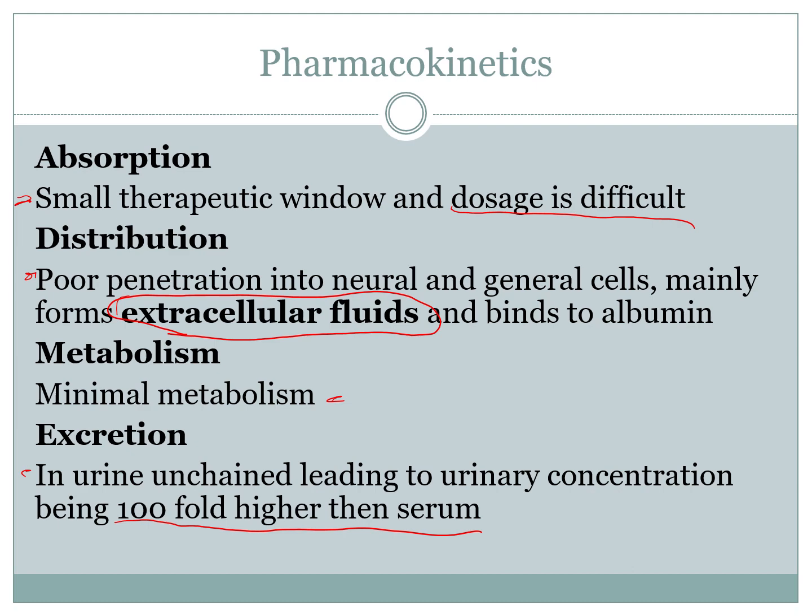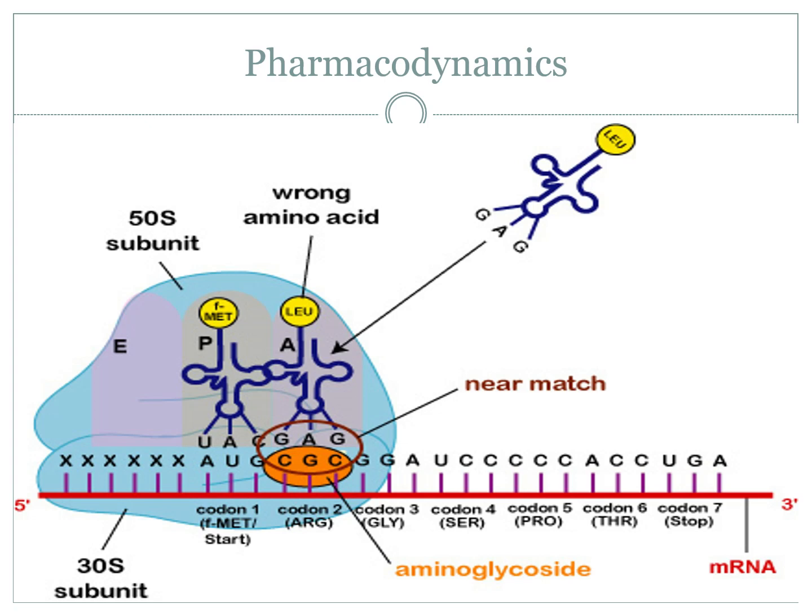Now moving on to our pharmacodynamics, gentamicin being an aminoglycoside, it's bactericidal and it passes through the gram-negative membrane by oxygen-dependent active transport. Because oxygen is required, aminoglycosides in particular are not really effective against anaerobic bacteria, because they don't have those oxygen-dependent transport chains.